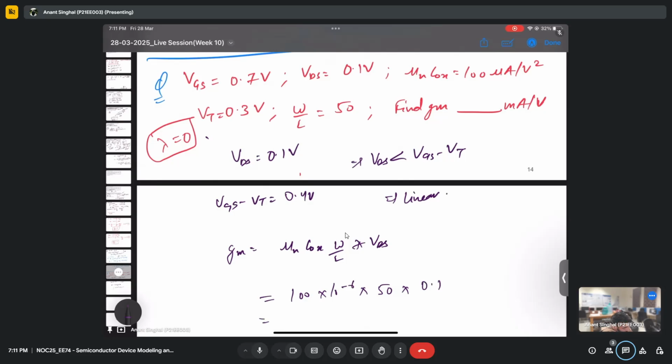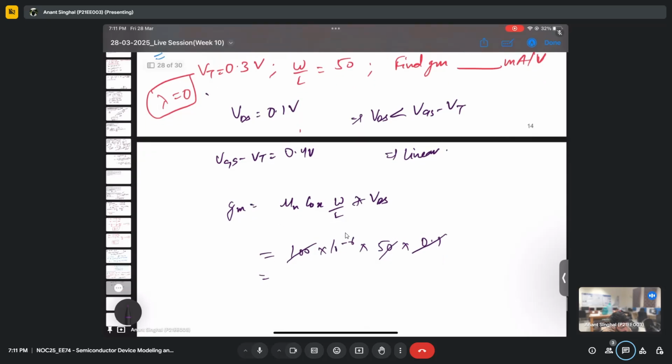So this is 100, this is 10, and this again makes it 100, 500. So 5 into 10 to the minus 4, or 0.5 into 10 to the minus 3 ampere per volt, and we can say 0.5 milliamps per volt, right? So 0.5 is the correct answer.